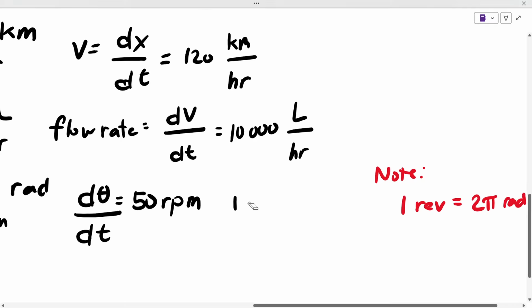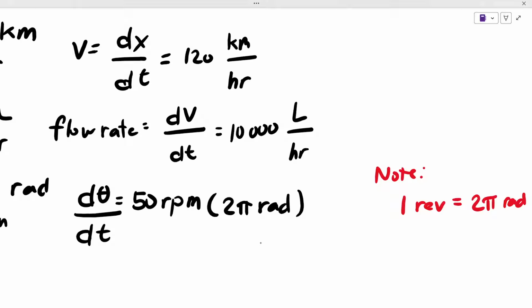So we will multiply it by 2 pi rad per revolution to convert it into rad.